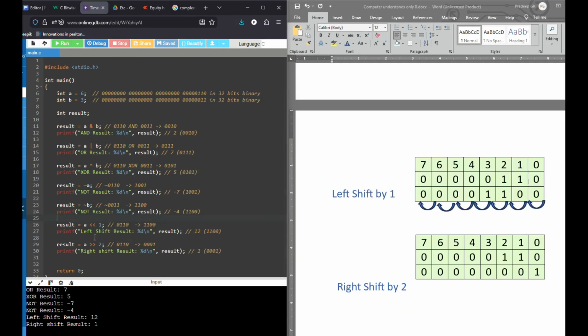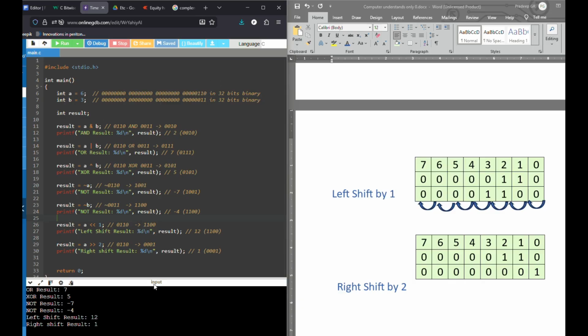Okay, the left shift operator. So I'm trying to do the left shift operator here, A left shift by 1. A is 00000110, 8-bit data.